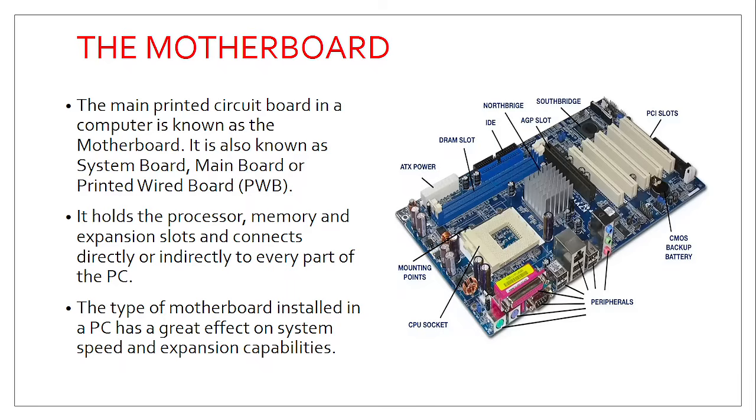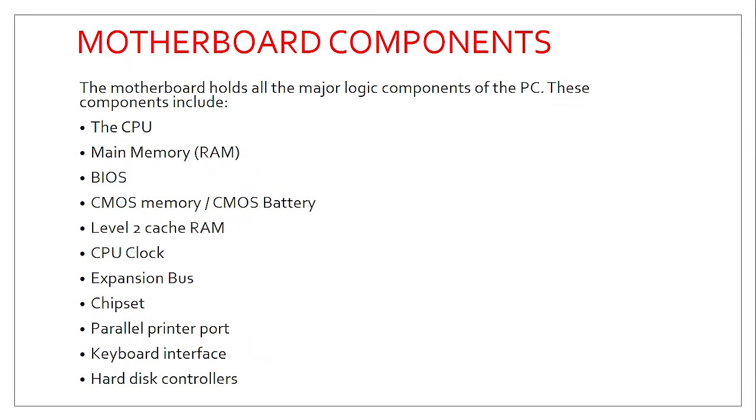The vital components that you can pinpoint here are, first, the CPU. The CPU is normally connected to the motherboard. We also have the main memory. Talking about the CPU and the main memory, these are components that you can find there. We also have the basic input-output system, the BIOS.